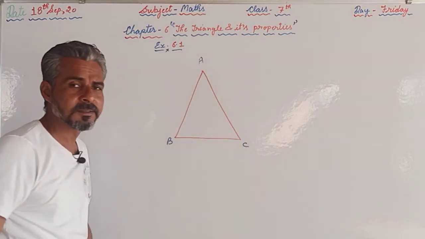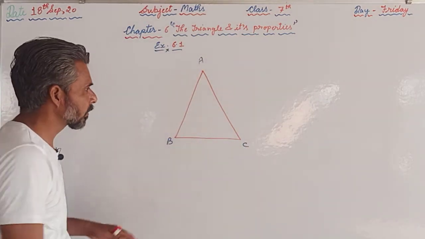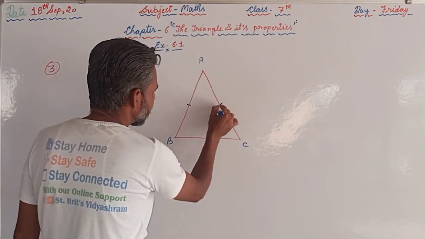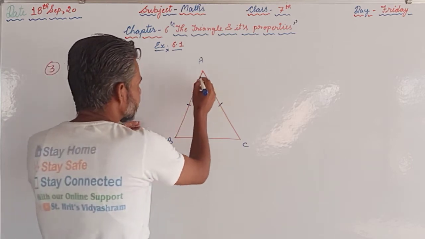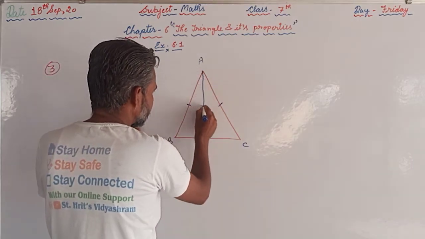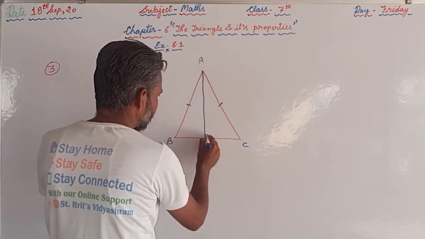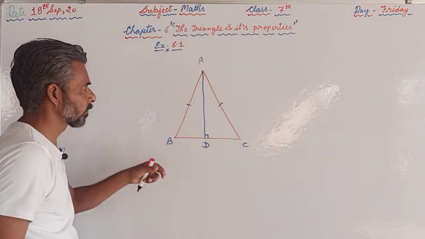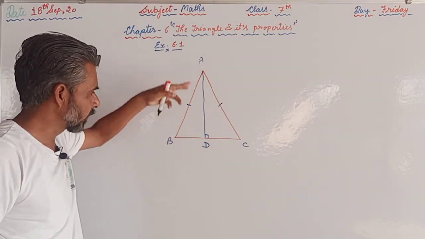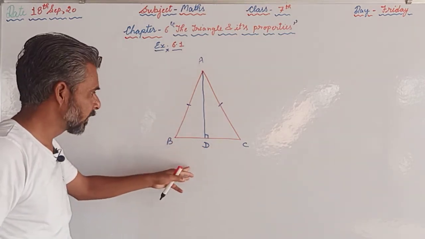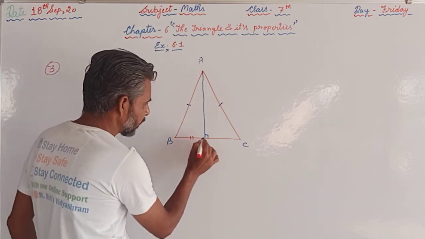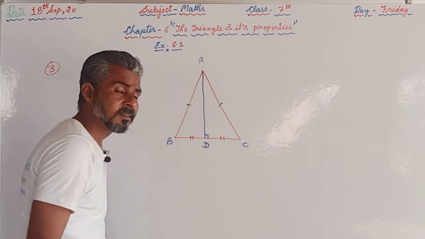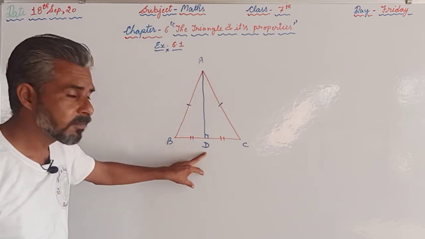ABC is an isosceles triangle. Isosceles triangle means two sides are equal, AB equals to AC. If in this case we draw the perpendicular AD, the perpendicular from A to BC, then we will see that BD will be equals to DC, means D will be the midpoint.